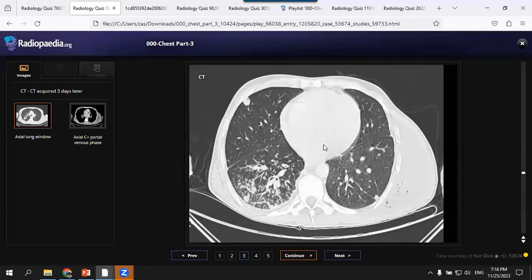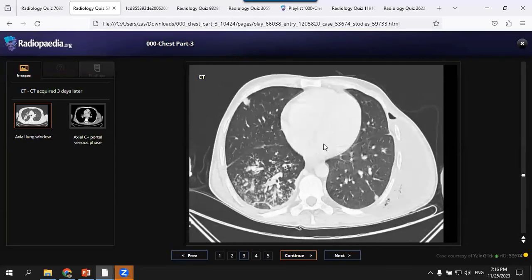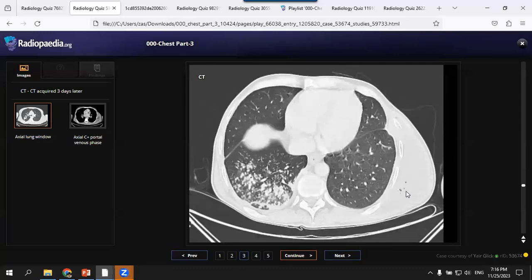Also, there is a collection with air foci in the subcutaneous area of the left chest wall related to the patient's known abscess collection. I can also see an air-fluid level.